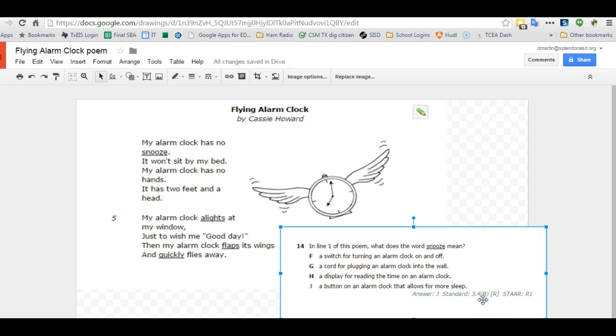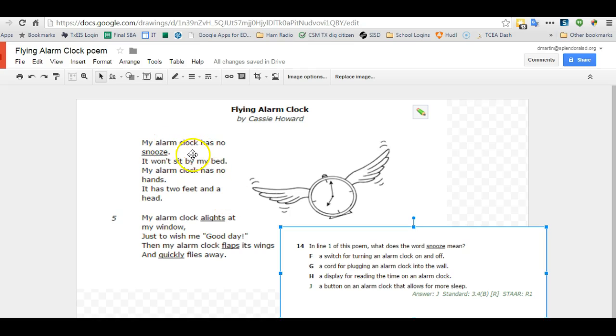So this one is a little tricky because if you don't already know something about snooze, the only clues you're going to get from the actual passage is that we're talking about an alarm clock, and that we're not talking about maybe someone taking a snooze. So we certainly have that clue going for us, but not much else.